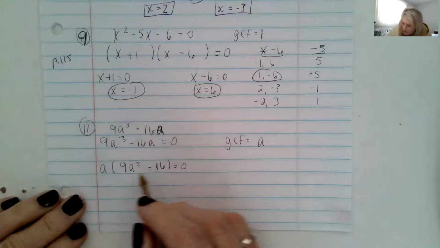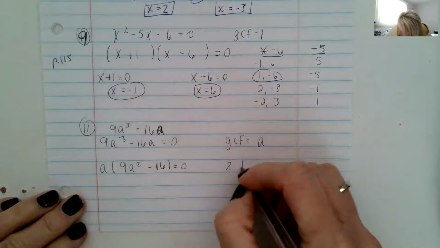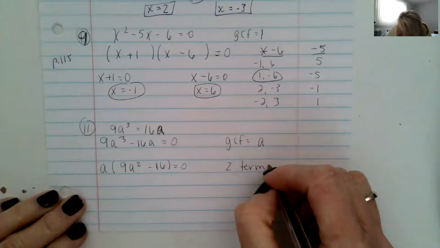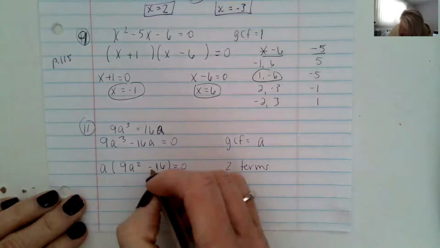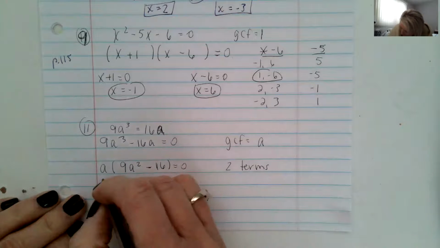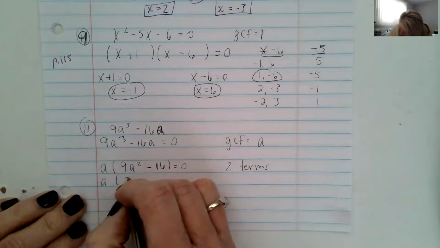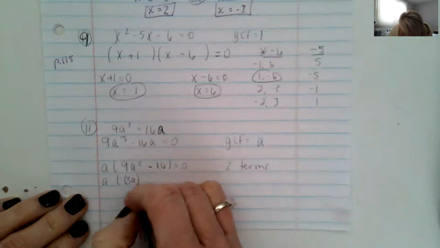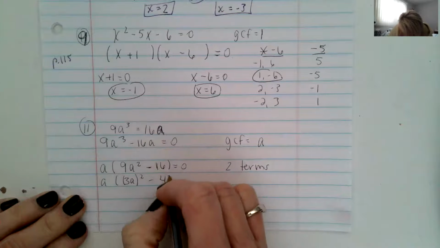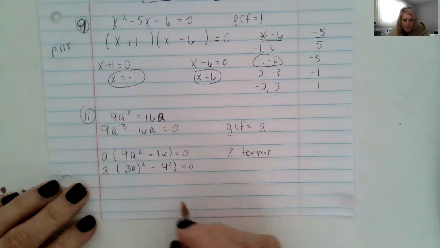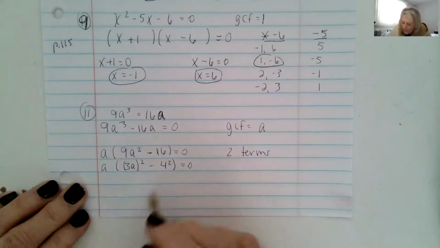And there's 2 terms, so our option is it's a difference, and 9 is the square of 3. So we have 3a squared minus 4 squared. So this is a difference of squares.